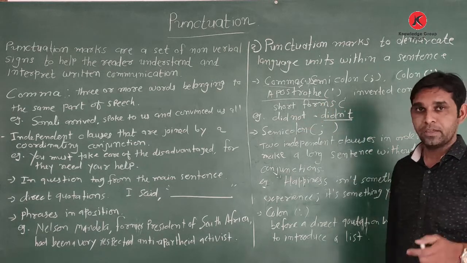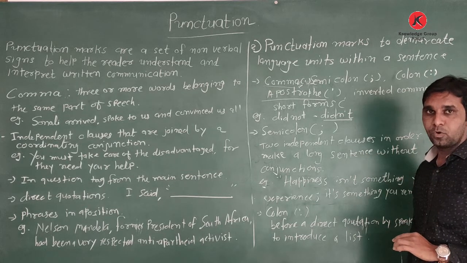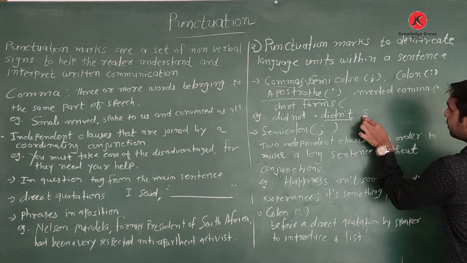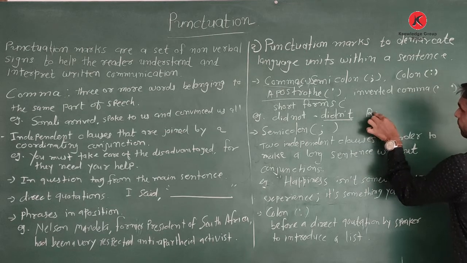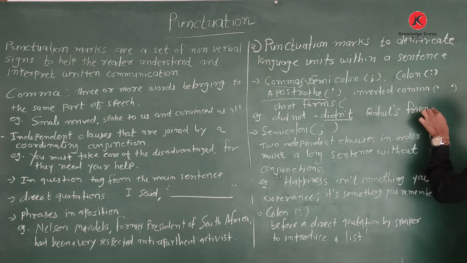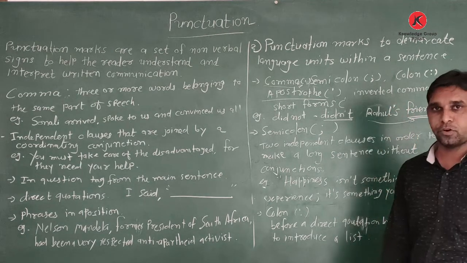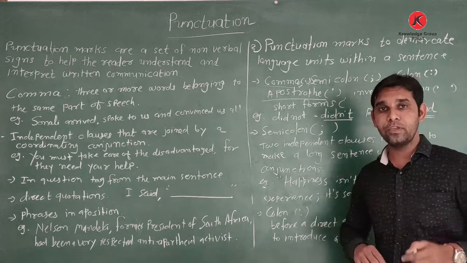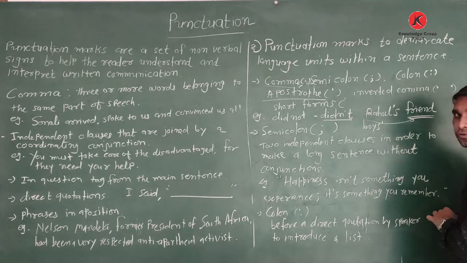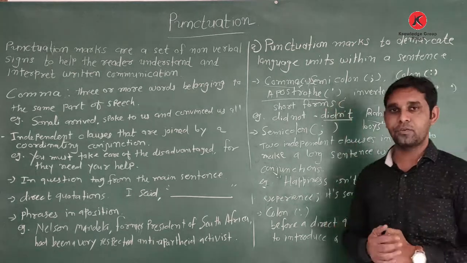Where else? Apostrophe with names, singular and plural, okay, to show the possessive. Just as Rahul's friend. Here we talk about whom? Rahul's friend. So here we use the apostrophe. As with singular and plural also, we use it, like boys' walk. Okay, use the apostrophe there.